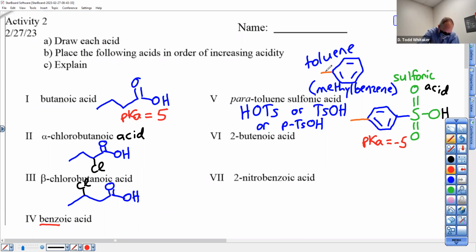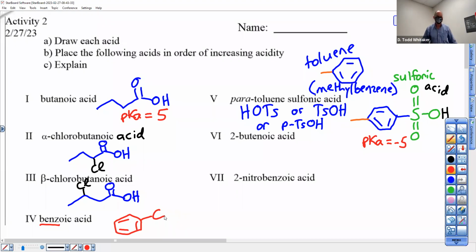This ring, without the orange. When it's benz anything else, you draw the phenyl. Doesn't have to be in the, well, red's fine. You draw another carbon. You get a snip. There, benz.